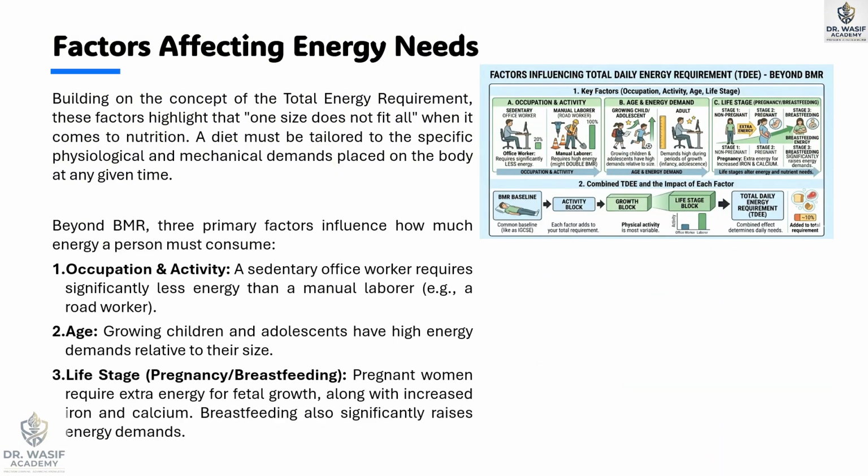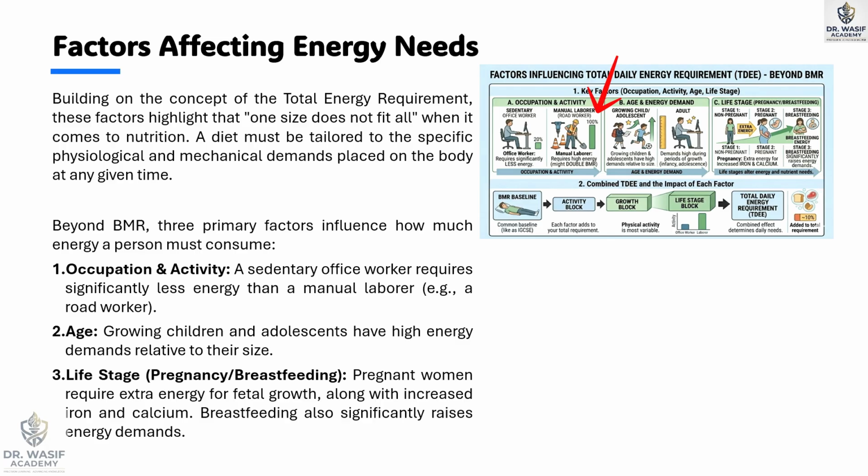Let's look at our first major variable, that is occupation and activity. A software developer or an accountant sitting at a desk all day long has a remarkably low energy demand. Compare that directly to a professional athlete or a construction worker. Their muscle fibers are constantly working, requiring a massive influx of fuel substrates to keep up.